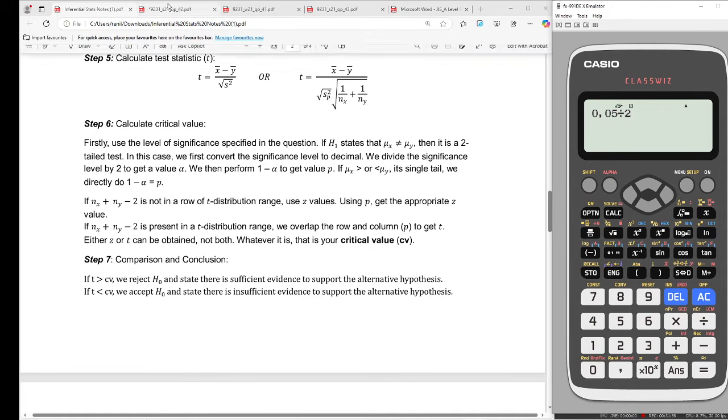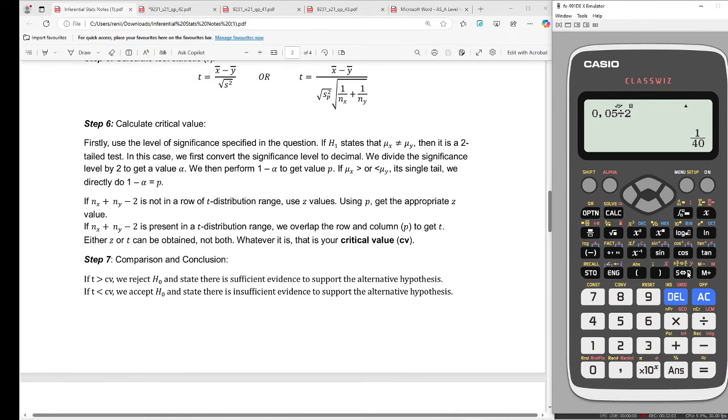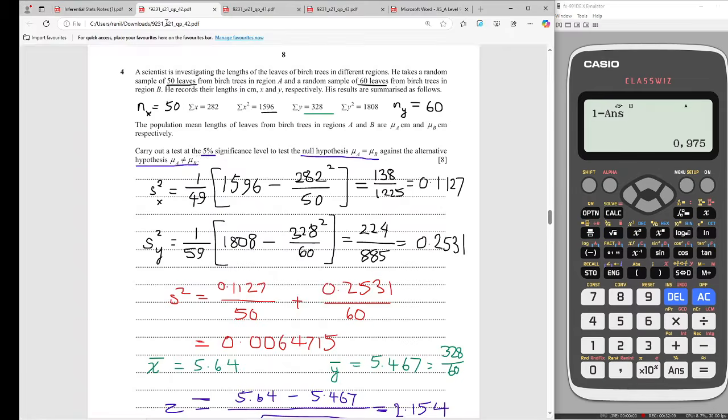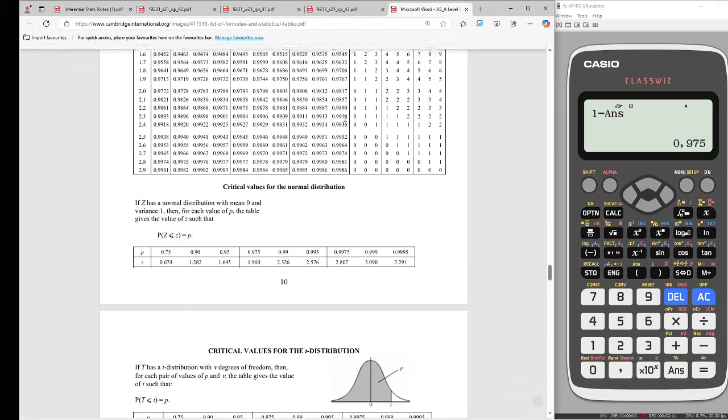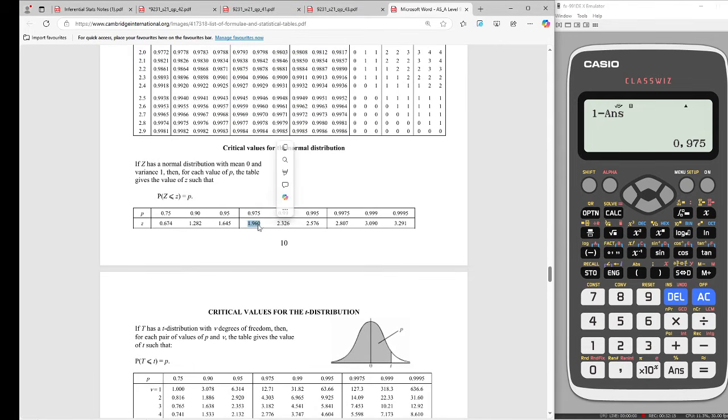It's a double tail test, the reason being that mu a can be greater or lesser than mu b. So we divide by 2, and then we perform 1 minus alpha, which is this value here, 0.975, and it's also stated that the degrees of freedom do not appear in the t distribution, so we use this value, 1.960.